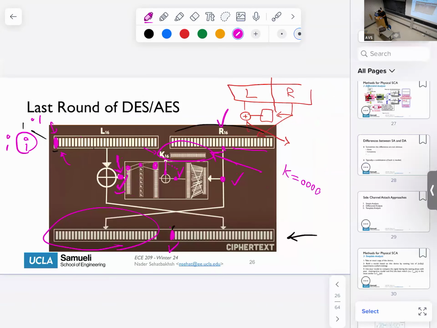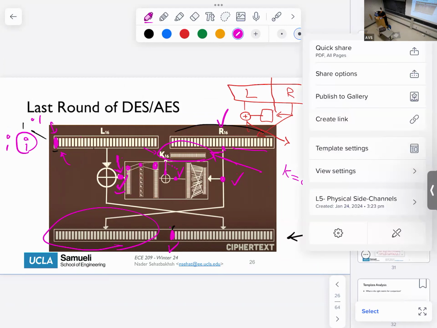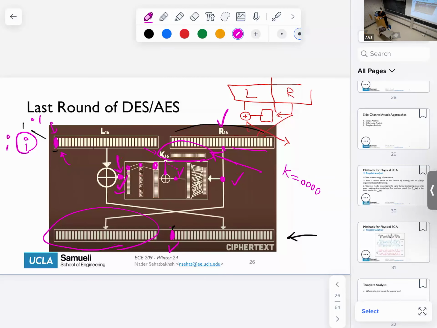What I do next is basically, let me see if I can add a, sorry. Keep changing this for some reason.